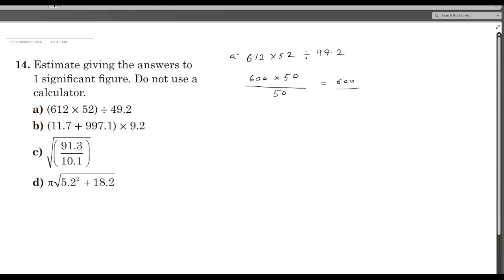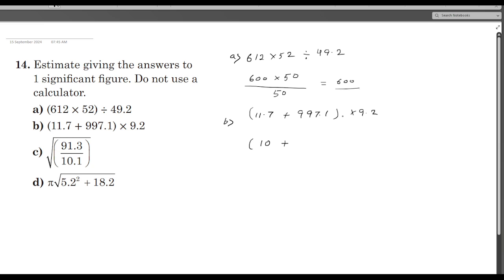This is your A. Then B, it is 11.7 plus 997.1 into 9.2. So this 11.7 will be approximated as 10.